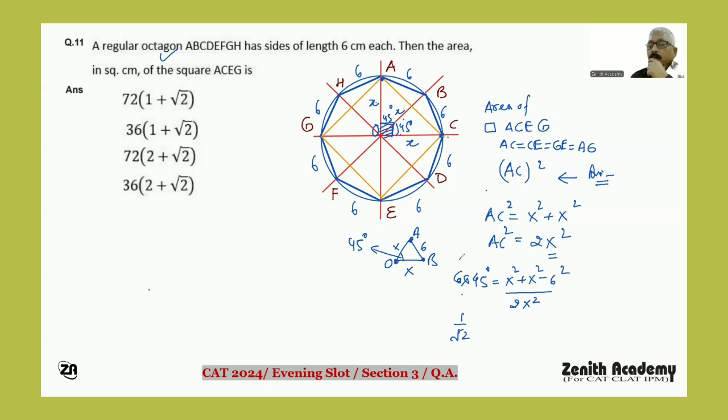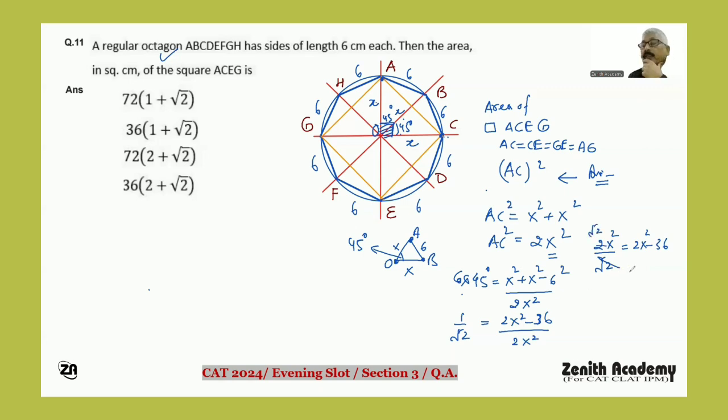So this 1 upon root 2 is equal to (2x square minus 36) over 2x square. Simplify this. It is 2x square upon root 2 is equal to 2x square minus 36. This is root 2.